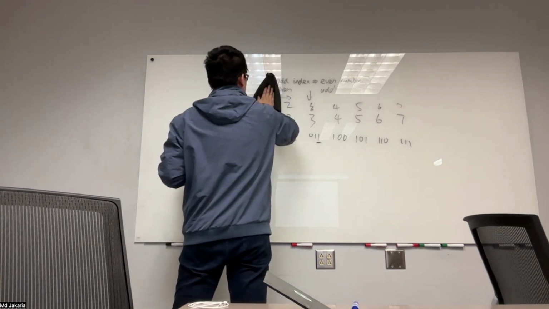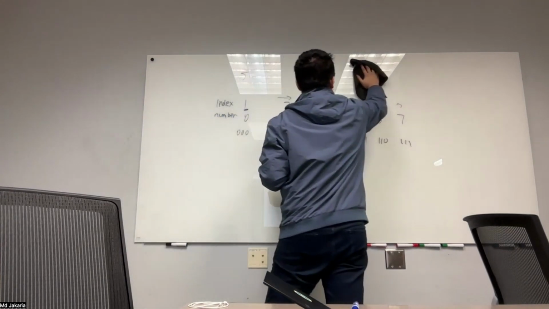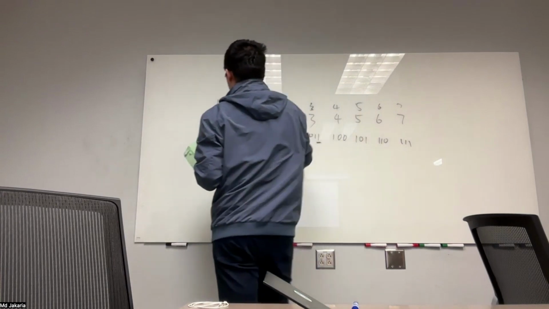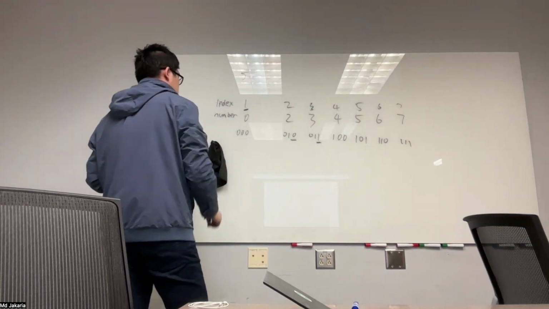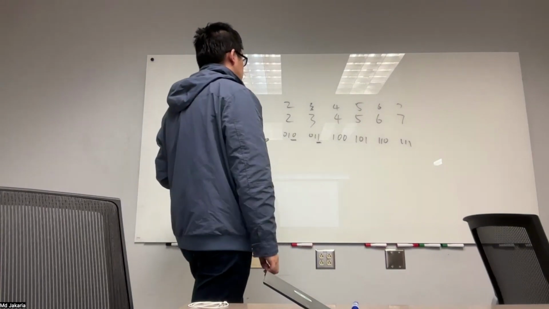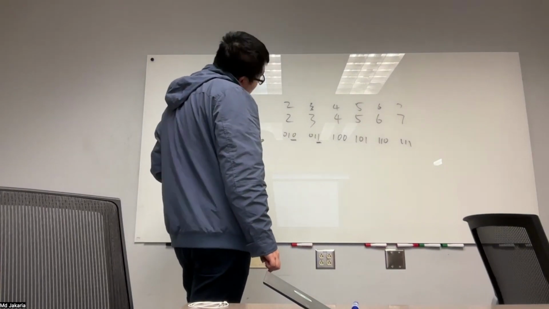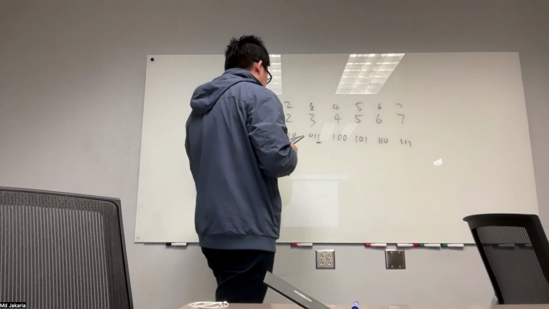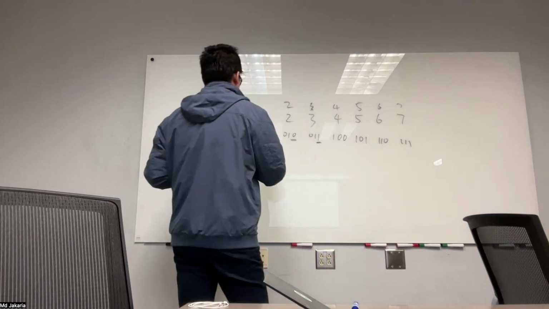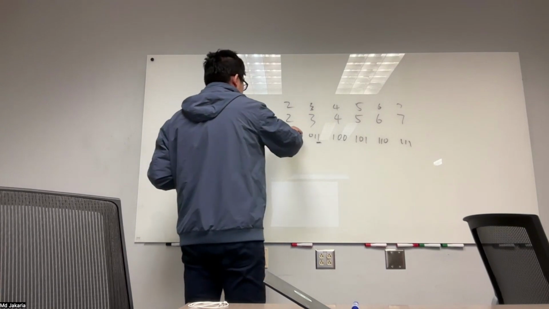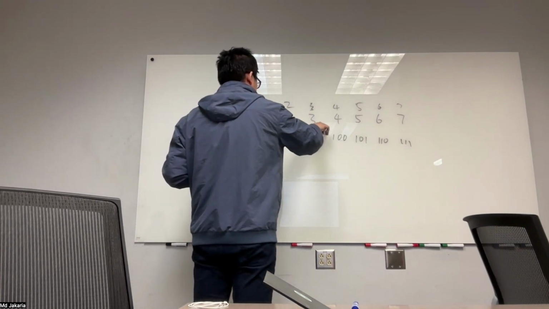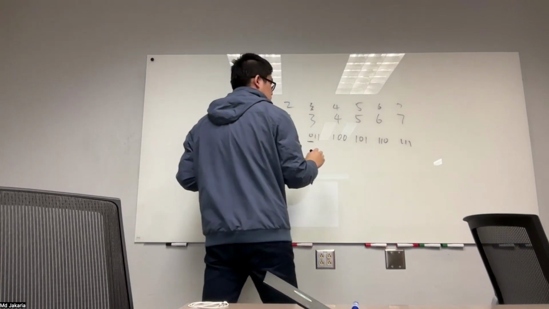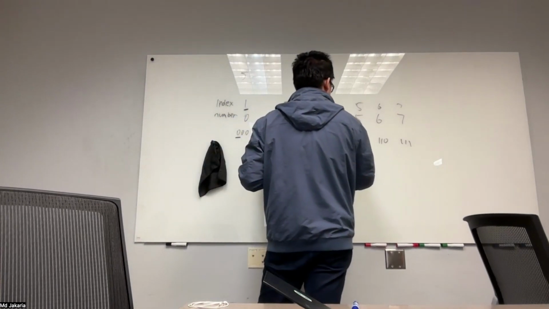Okay, let's try this. The most significant bit, you can see that these are all zeros, and these are ones.